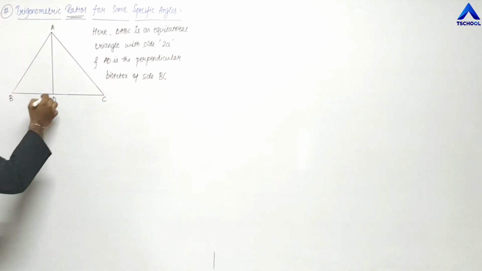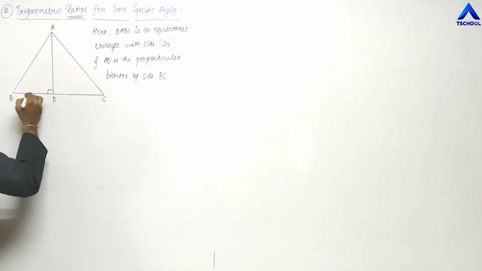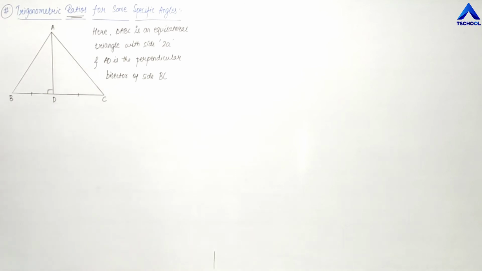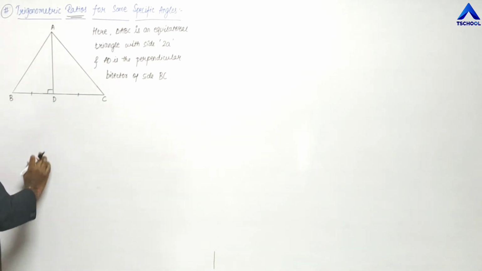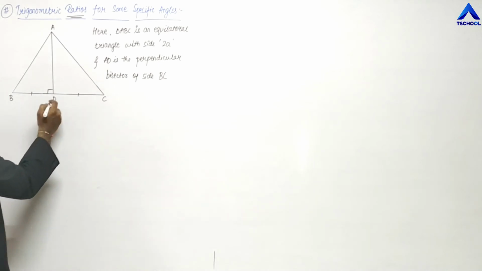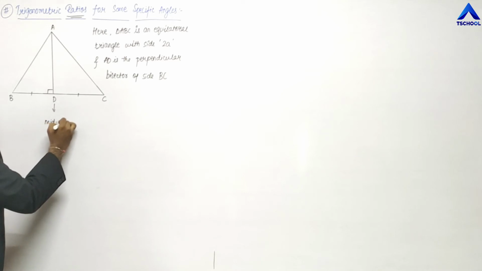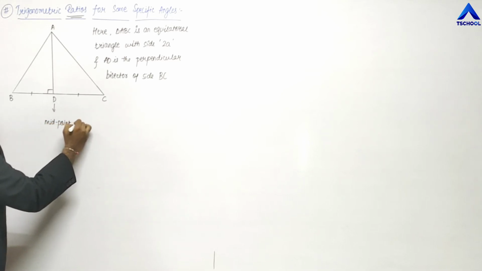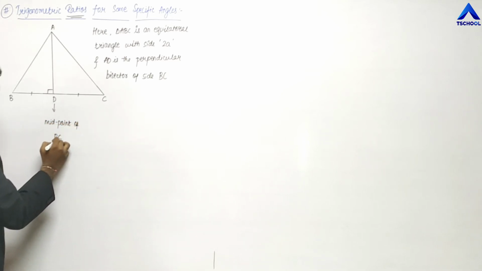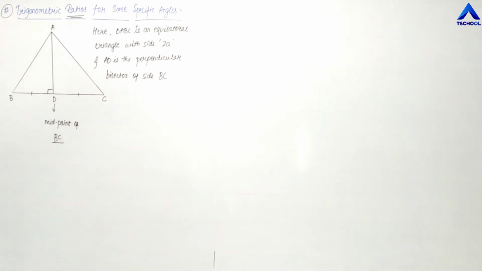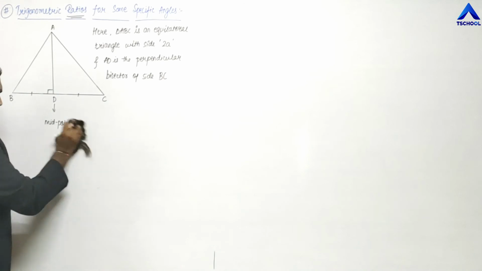Perpendicular bisector, that means this will be 90 and this both will be equal. Equal in the sense that D will be the midpoint here, right? What is D? That is midpoint of BC. Right, this D will act as the midpoint of BC.